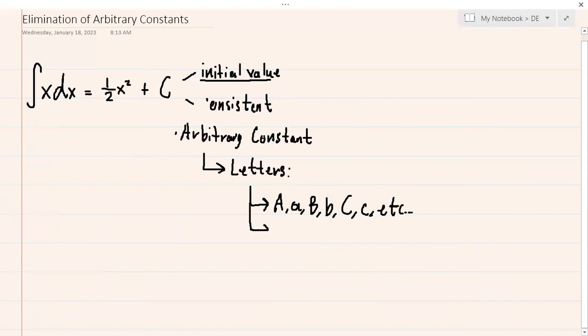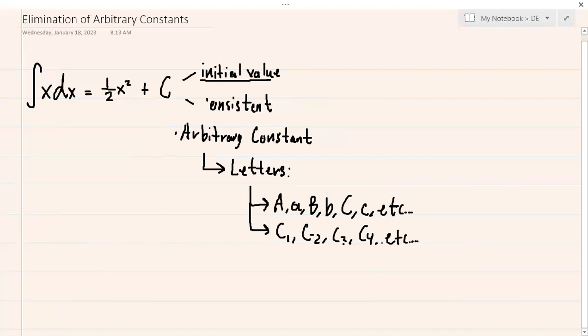Or it could be interpreted as a single letter pero mayroong siyang subscript, if and only if the given equation has two or more arbitrary constants. So kunwari, ginamit ko si C. Kapag may nakita kong two or more arbitrary constants na naka-C, pwede siyang C sub 1, C sub 2, C sub 3, or C sub 4, etc.